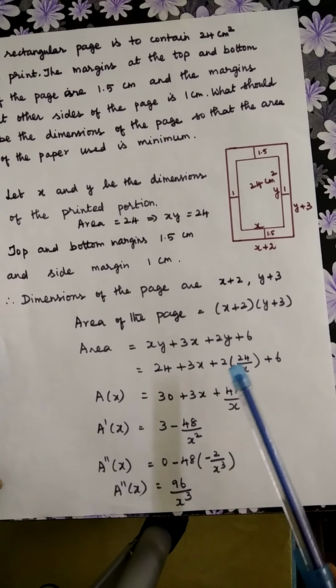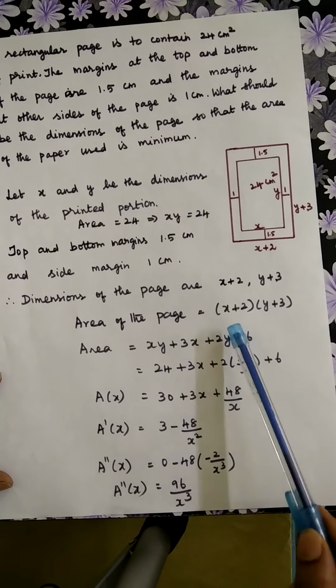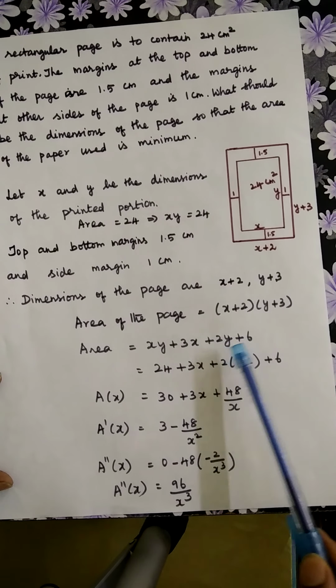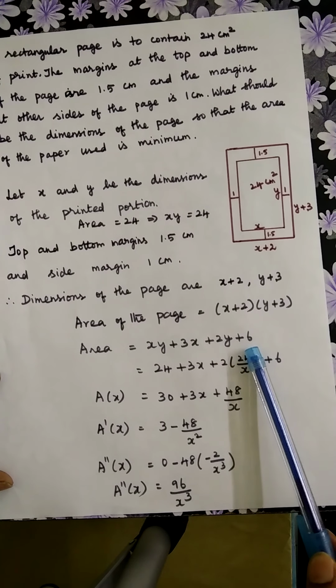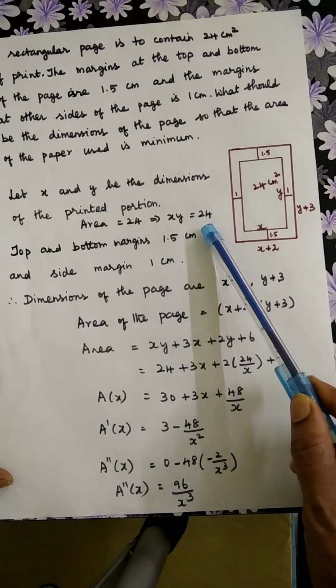Area equal to, multiply this, xy plus 3x plus 2y plus 6. xy equal to 24.